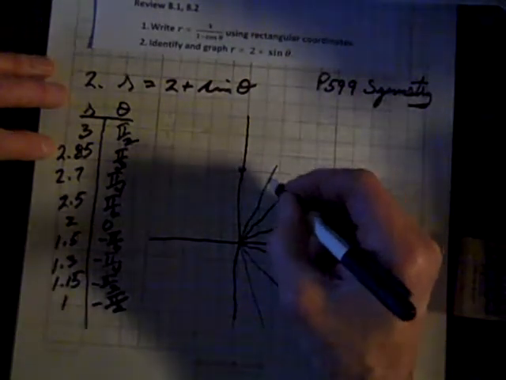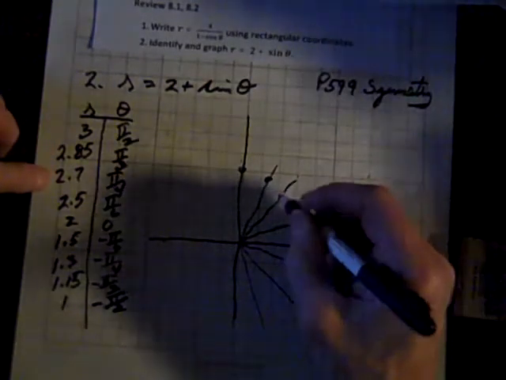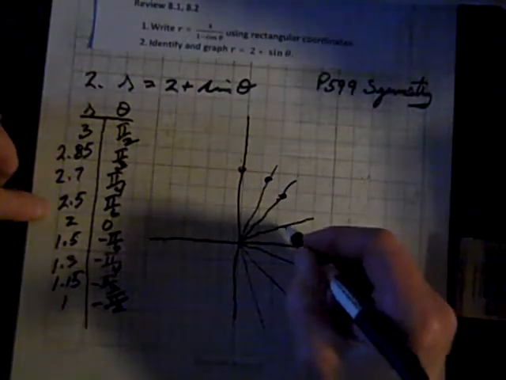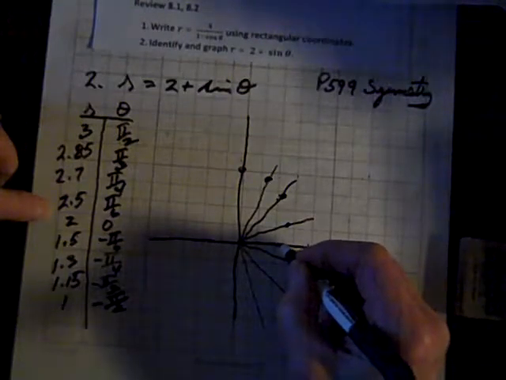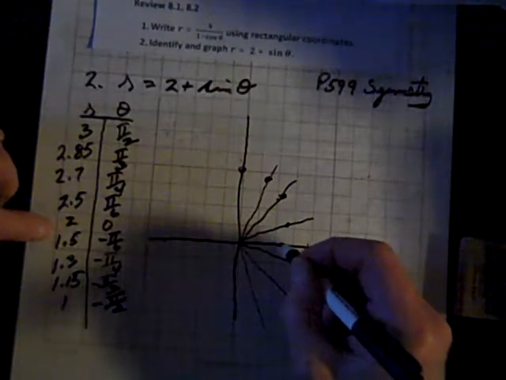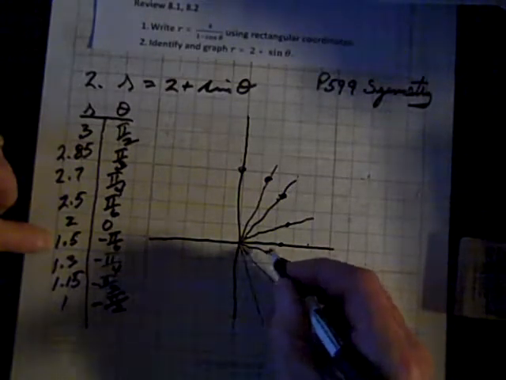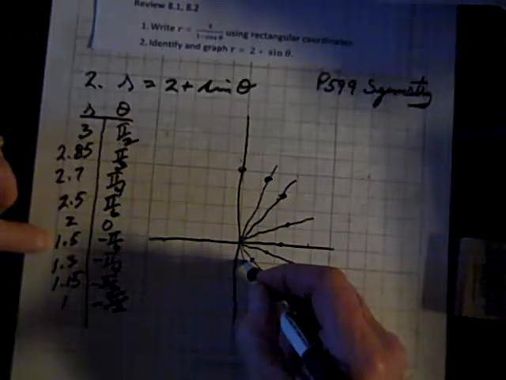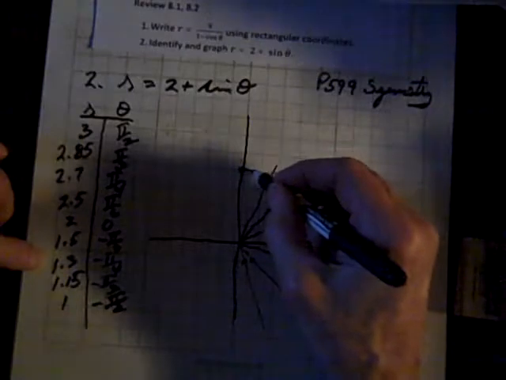For pi over 3 will be at 2.85, for pi over 4 will be at 2.7, for pi over 6 will be at 2.5, for 0 will be at 2, then we'll be at 1.5, 1.3, 1.15, 1, and this is what it looks like.